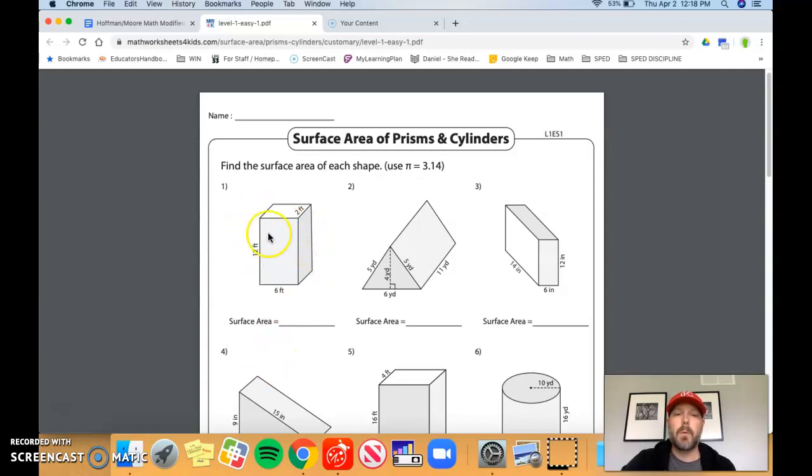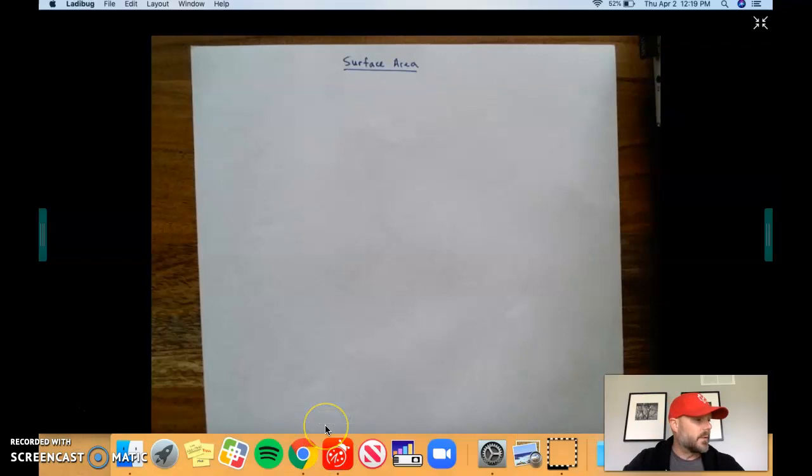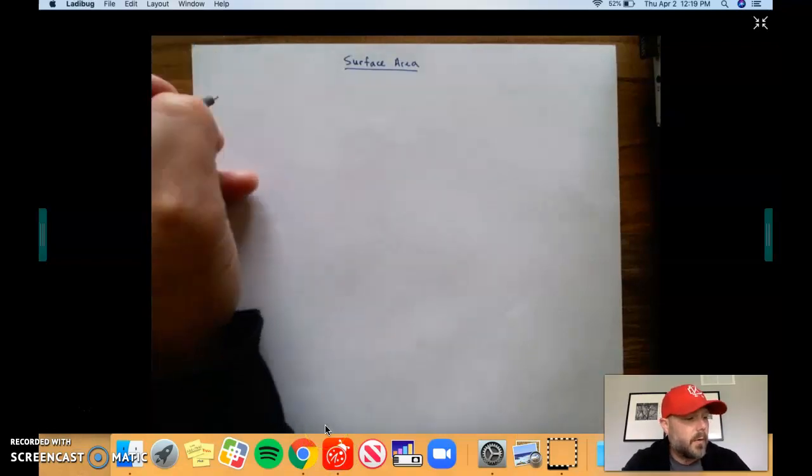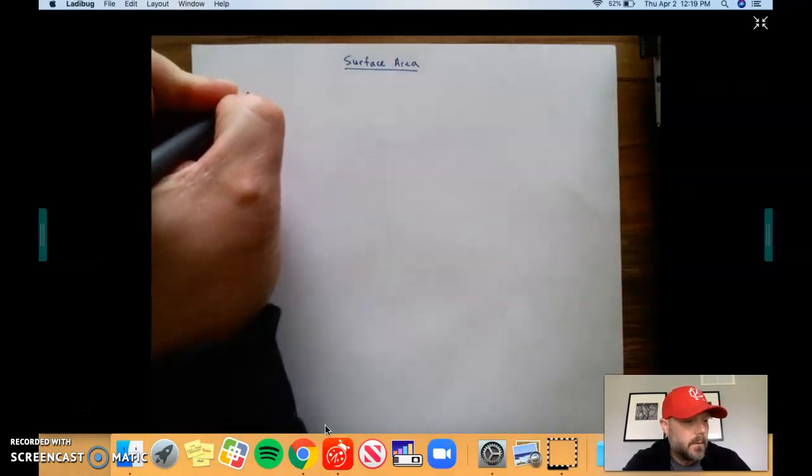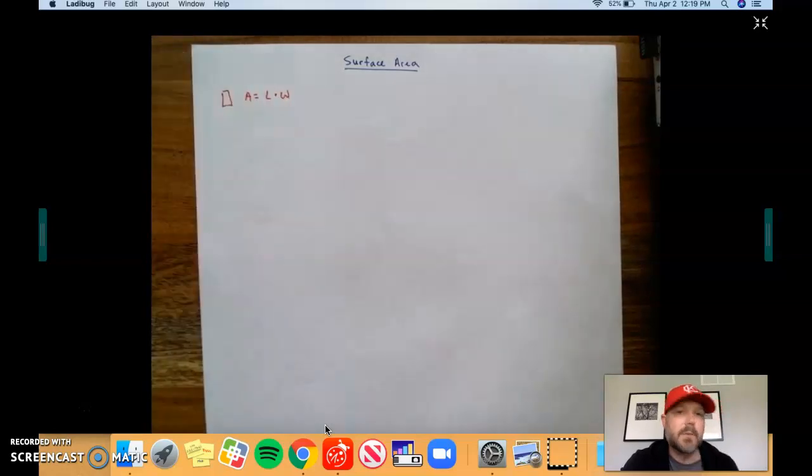So real quick, before we start, we have to remember the formula for area of the 3 main shapes we're working with: a rectangle or square, a triangle, and a circle. So let's write those out. First of all, area of a square or a rectangle is length times width.